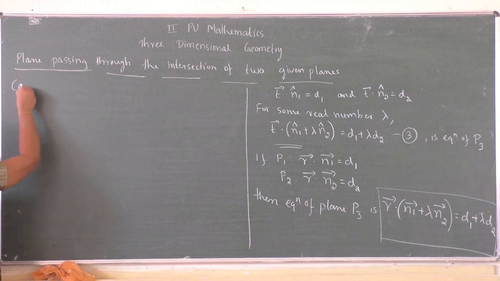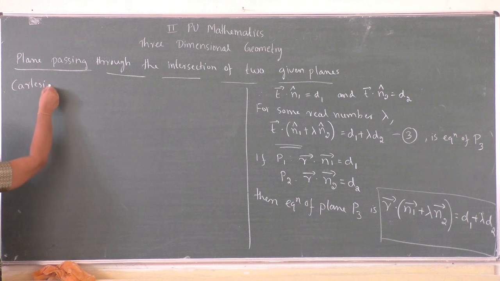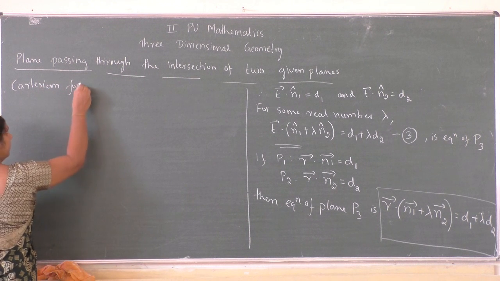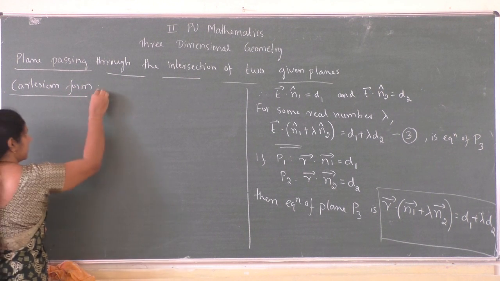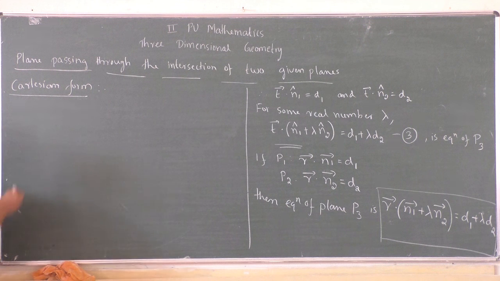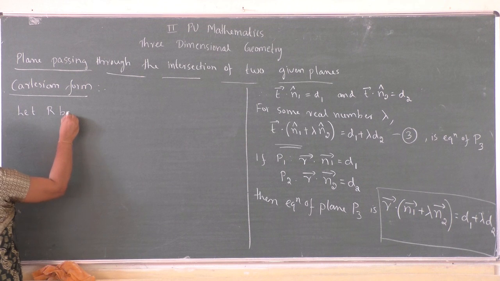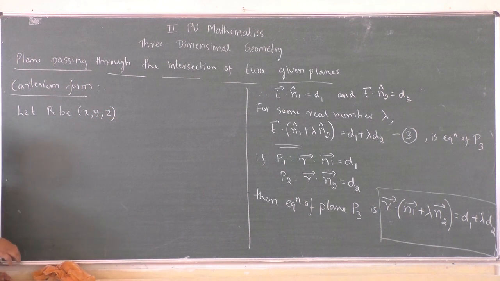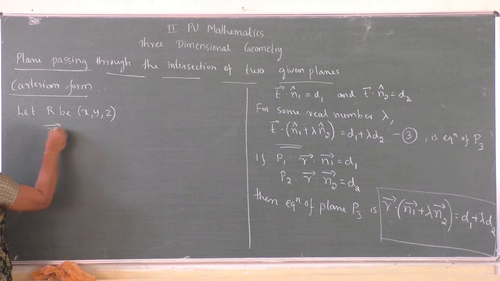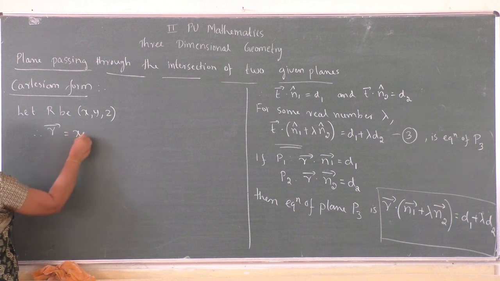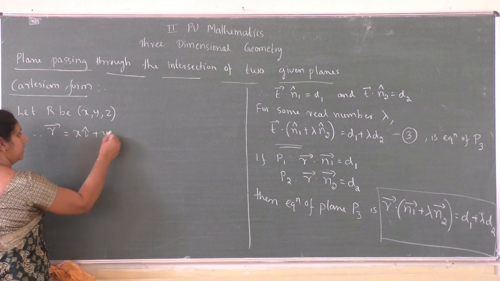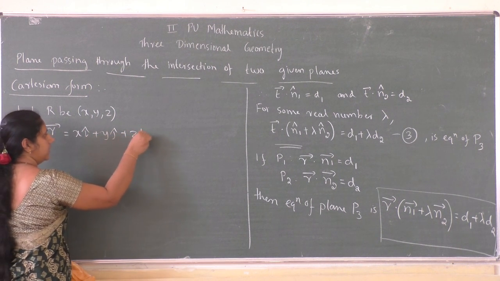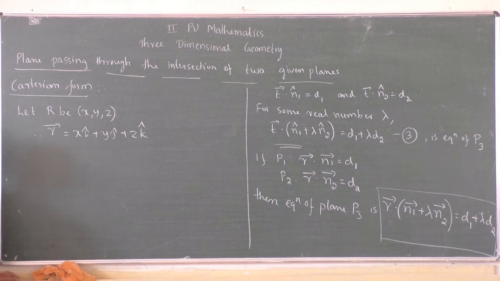So in order to find the Cartesian form, I will consider the point R to be x, y, z, so that you can take the position vector of R as xi cap plus yj cap plus zk cap.